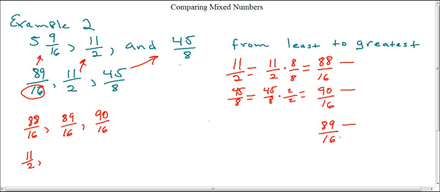Then the second least number will be 5 and 9 over 16. And of course our greatest number will be 45 over 8. So either way, these are from least to greatest.